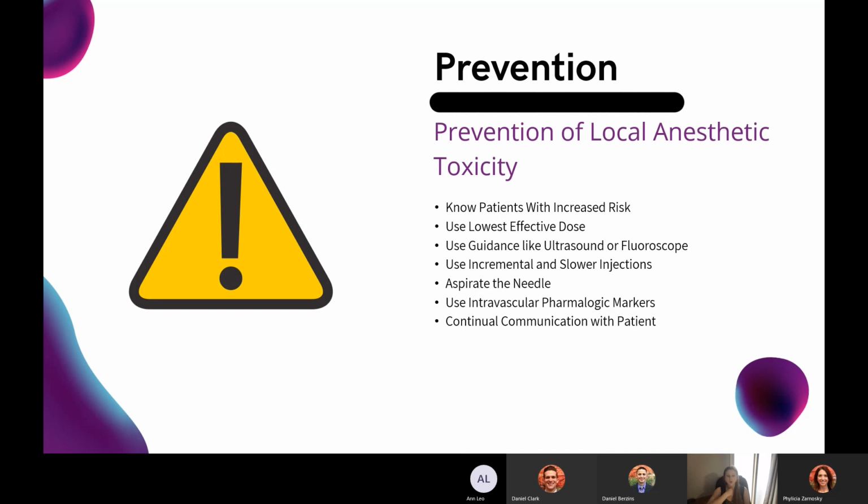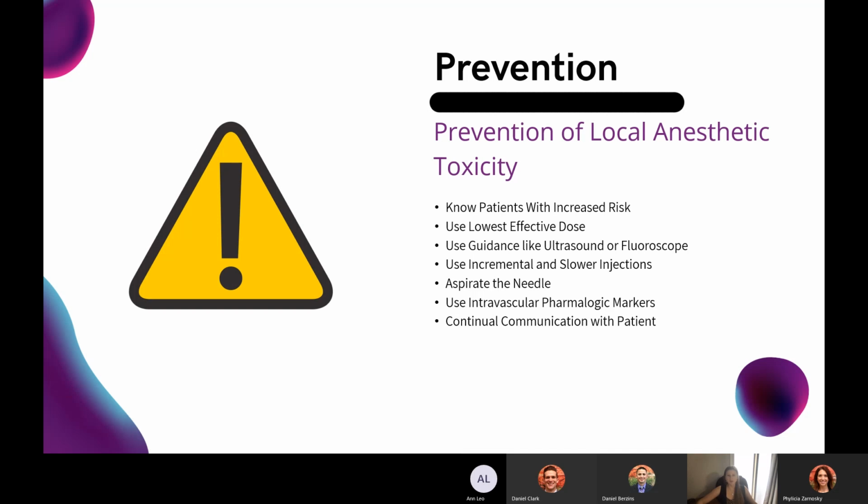Using incremental or slower injections allows time to see if there is a toxic reaction. Aspirate the needle in at least 2 planes, not just 1. You also may consider using an intravascular pharmacological marker like epinephrine to determine if you're intravascular or not. We'll talk about that in more detail a little later.